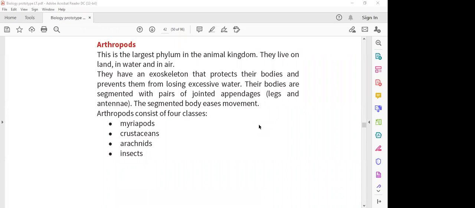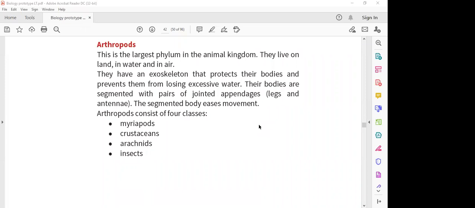They can live on land, they can live in water, they can live in air. And what makes them able to survive in such a wide range of habitats is, one, their ability to have an exoskeleton, like living on land.